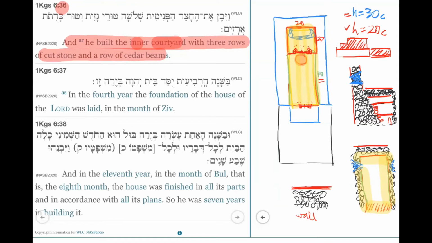What we are given in more detail in chapter 6 is the insides of the temple. The insides of the temple is something which people on a day-to-day basis will never ever get to see. In fact, the common folk will never get to see the inside of the temple. It would be the priests who would get to go in.